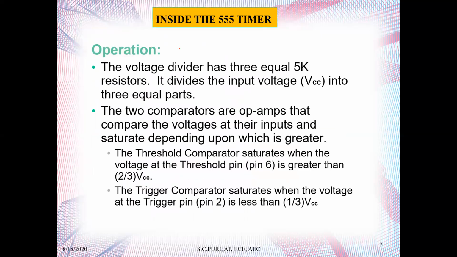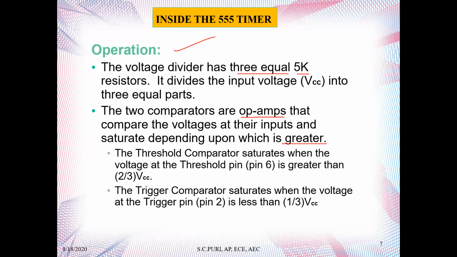Now regarding the operation. The voltage divider has 3 equal 5K resistors. It divides the input voltage VCC into 3 equal parts. These two comparators are actually made of op amps, that compare the voltages at their inputs and saturate depending upon which is greater.